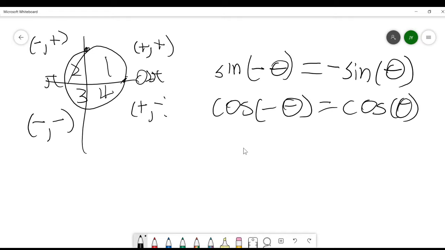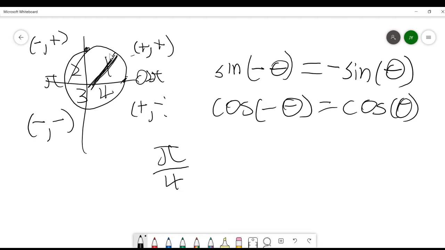All right, the reason for this is, we go back here, right? Let's say our value is pi over 4. Pi over 4 is somewhere around here. What's the value of x and y here?